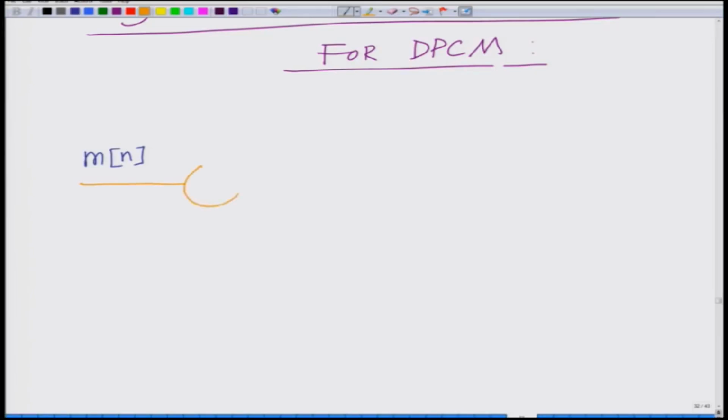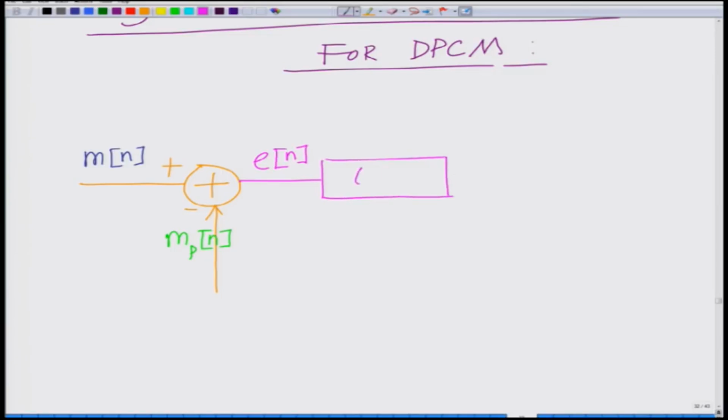Now, from this we subtract the prediction, this is minus MP of n, that is the prediction. That gives us E of n, which is quantized, this is your quantizer, to get the quantized error EQ of n.